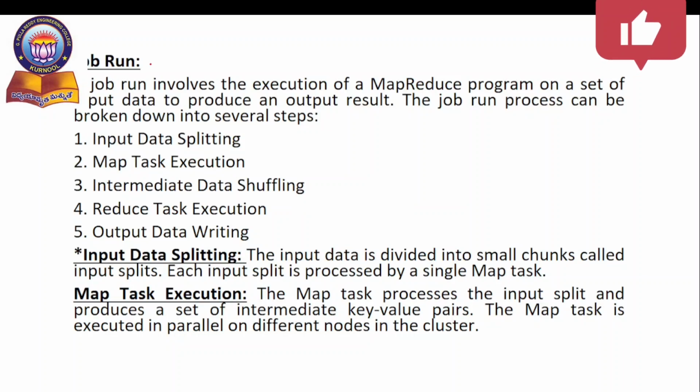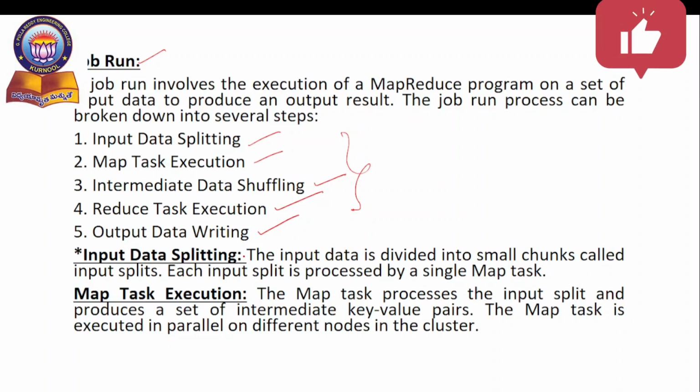That is, the job run task mainly involves the execution of the MapReduce program based on the input data supplied to the program. We'll see the steps here: input data splitting, map task execution, intermediate data shuffling, reduce task execution, output data writing. These are already discussed, but we'll see internally what exactly each phase will perform.